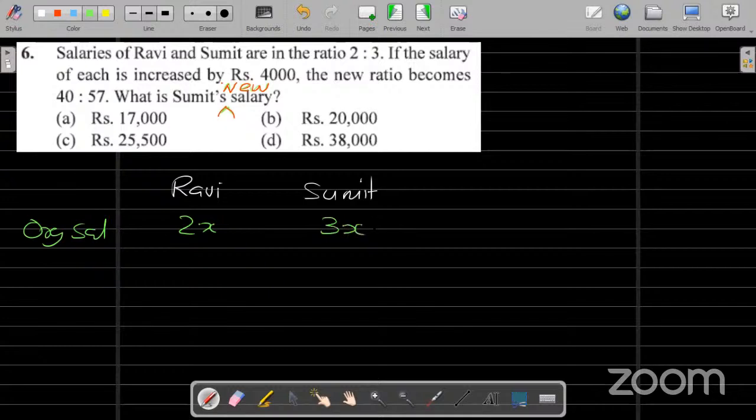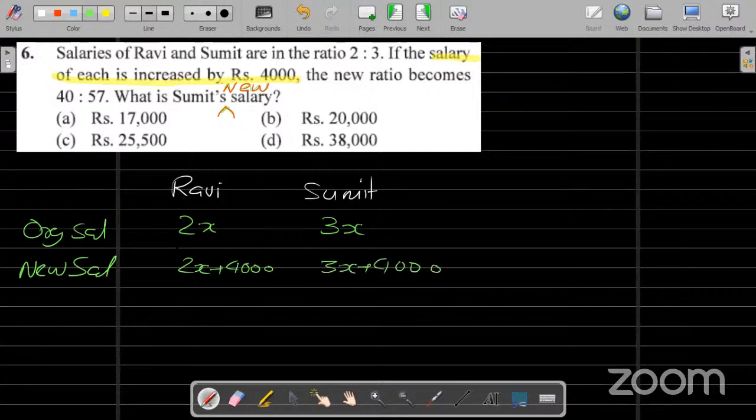Now the new salary is 2x plus 4,000, since the salary of each is increased by 4,000. So Ravi's new salary will be 2x plus 4,000, and that of Sumit also increases by 4,000, that will be 3x plus 4,000.